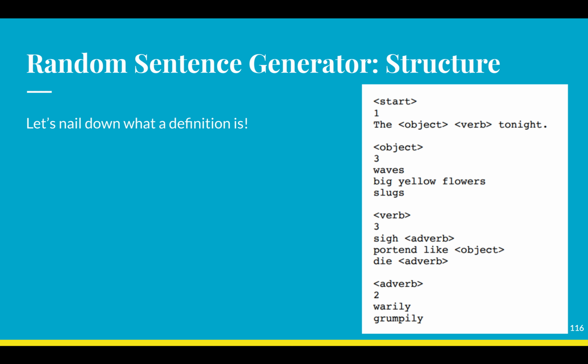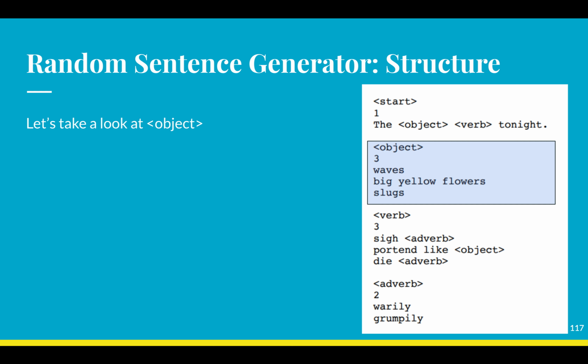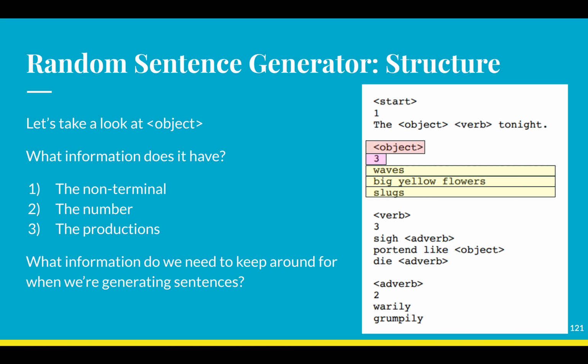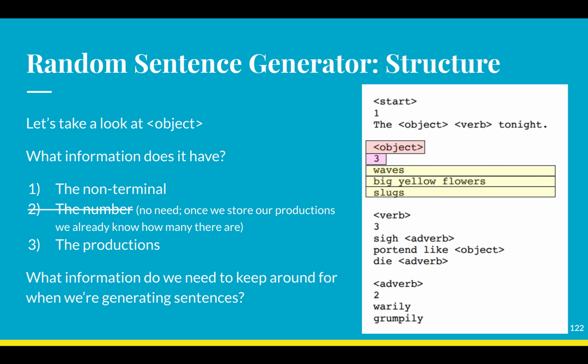Let's actually nail down what this definition is. Taking a look at object, the non-terminal, we notice there's some information here. Basically, there's the non-terminal itself, which is object, the number, which is 3, and the productions, which are waves, big yellow flowers, and slugs. So what information do we need to know when we're generating sentences? That's a great question for you to think about.